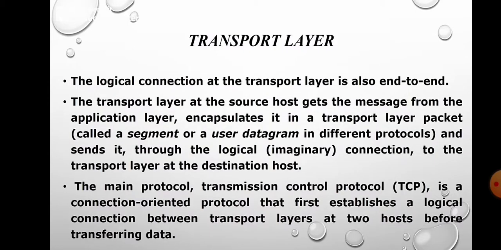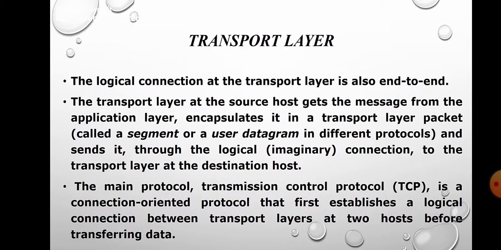So the next layer is the transport layer. The logical connection at the transport layer is also end-to-end. So at the transport layer, the source host gets a message from the application layer, and it will encapsulate the message, which is called segments in the case of TCP and user datagram in the case of UDP.